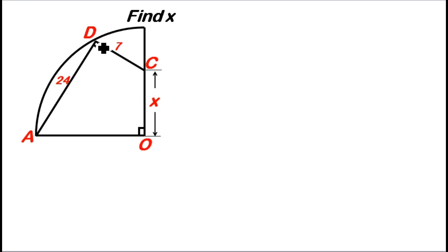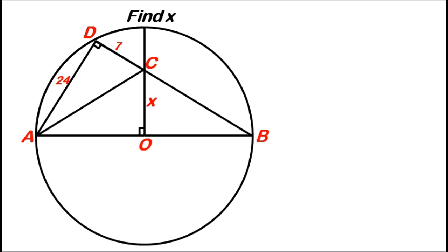So when you extend this line DC to meet the circumference of the circle, it will meet the other end of the diameter. So if we do so, this is what we'll have. So from D to B will meet the other end of the diameter according to the Thales theorem, because it is the diameter AB which subtends an angle of 90 degrees at the circumference.